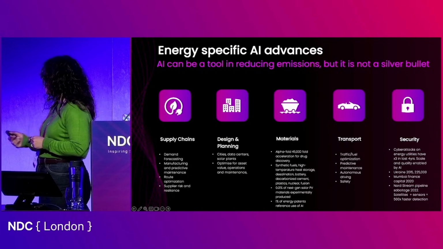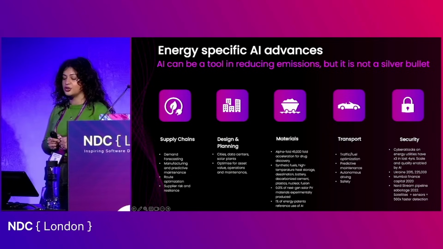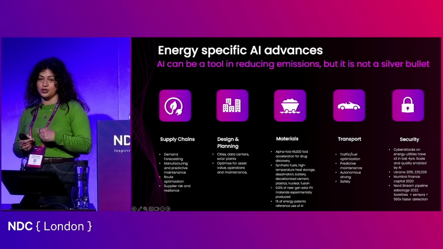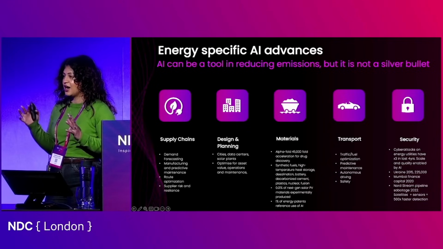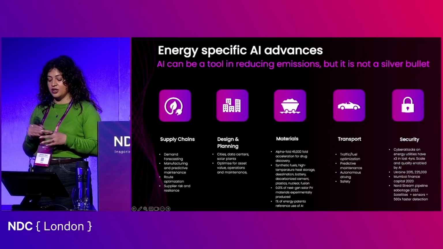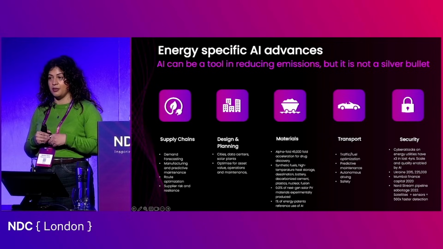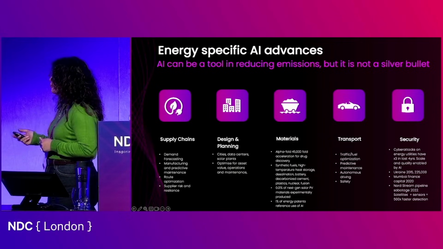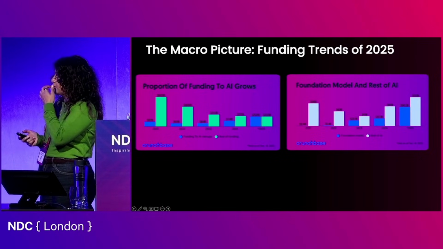And the one that we're probably most familiar with is the Nord Stream pipeline sabotage of 2022, where if we had satellite sensors in place monitoring those assets, we could detect anomalies and potential sabotage up to 500 times faster. So a lot of really impactful potential there.